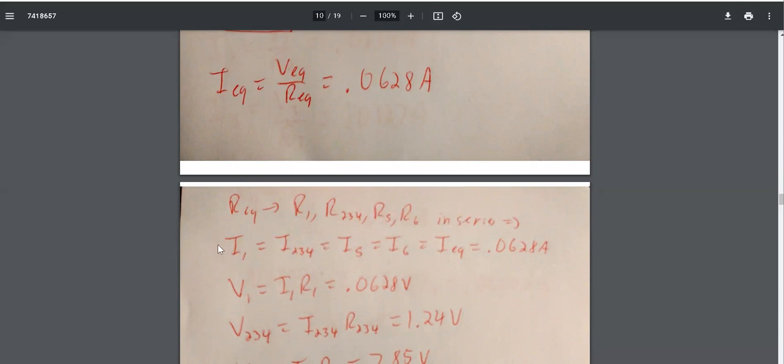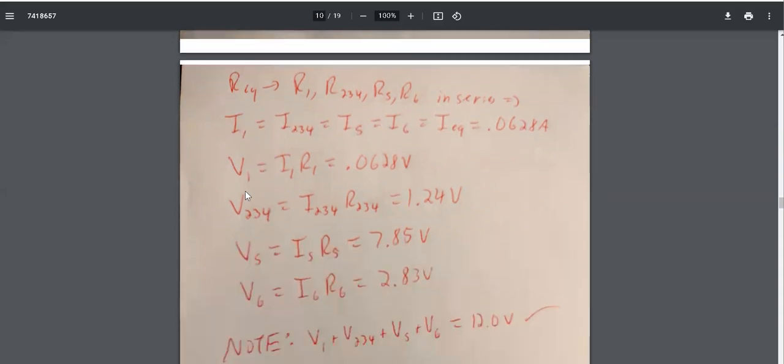Because they're in series, they have to have the same current, because there's nowhere else for the current to go. And that current has to be the same as the equivalent current. So I haven't done any work yet, and I already know the current through all of these resistors. And then I can use Ohm's law to find the voltage. The voltage is always the current times the resistance. So I can find the voltage across all of these.